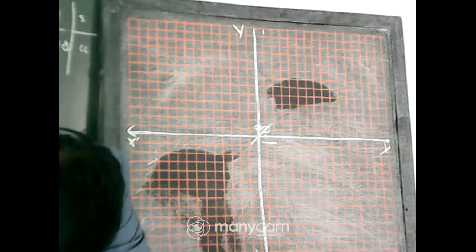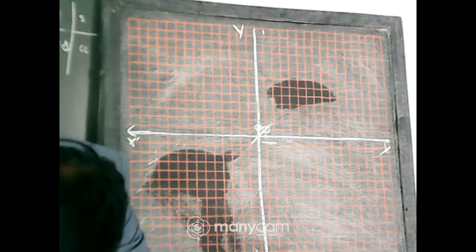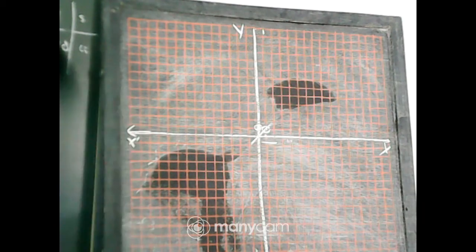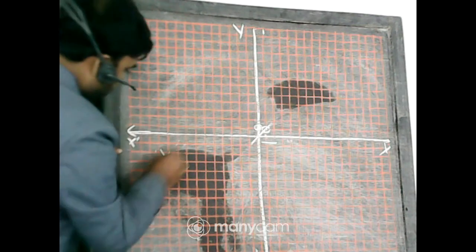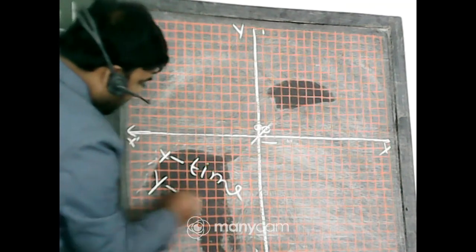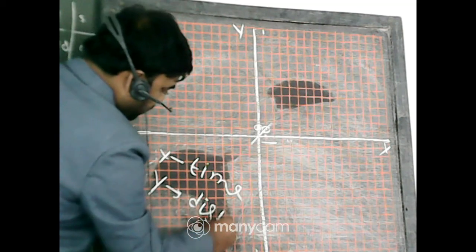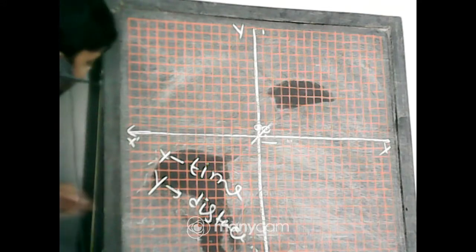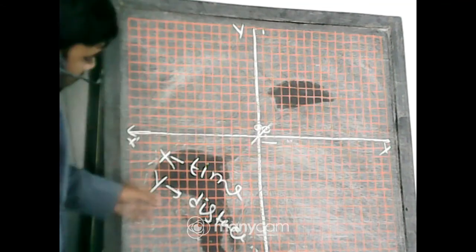First of all, I am taking here along x-axis time and along y-axis distance. So first step, along x-axis I will denote time, and along y-axis I will denote distance.